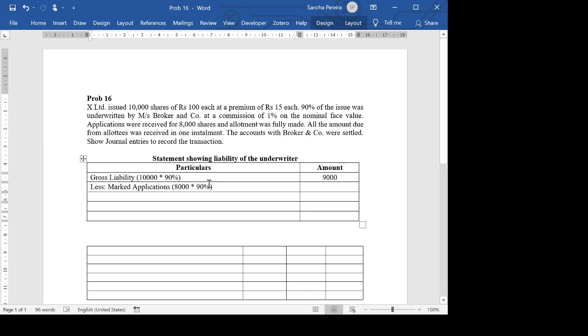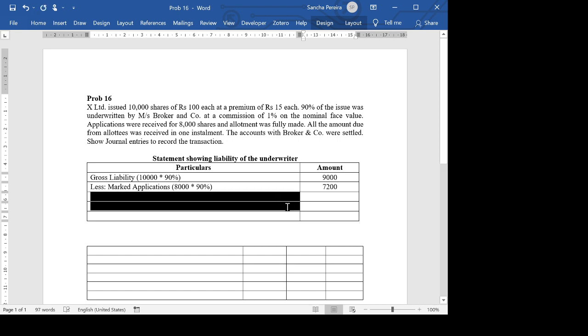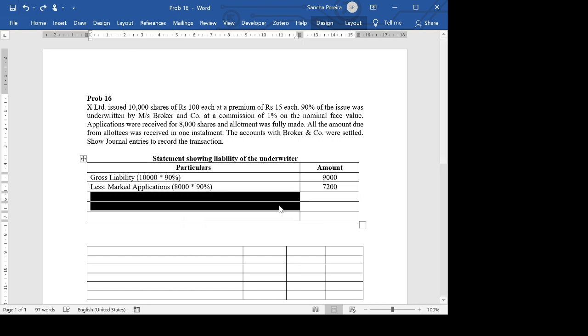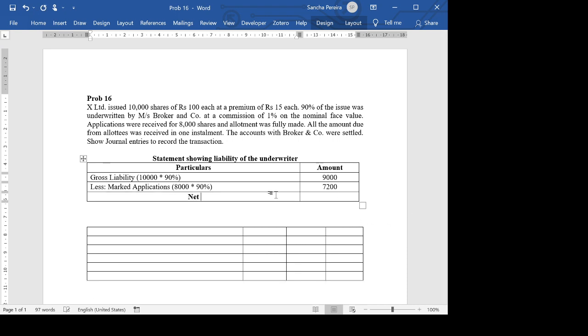So unlike the other three problems, in this problem, the marked applications were not given to us. So this is the way I'm going to do it. Whenever the marked applications are not given, this is the way of finding it out. So this comes to 9 8s are 72, 7,200. So the net liability of the underwriter would be, there's no firm underwriting here.